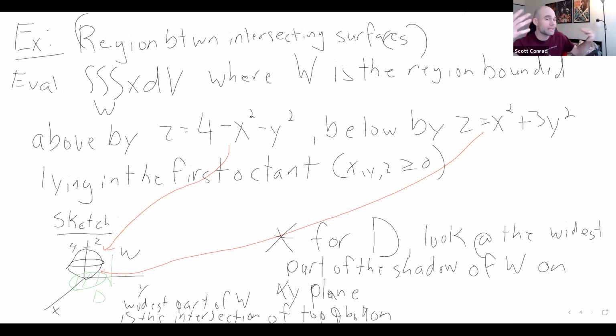So the widest part is going to be the intersection of the top and bottom surfaces. So basically, we're going to look at that intersection projected down to the XY plane and then go from there. Does everyone see that? That's the easiest way I find to do this sort of thing. Make a really rough sketch. Think about where the widest part is, and then project that guy down to the XY plane.